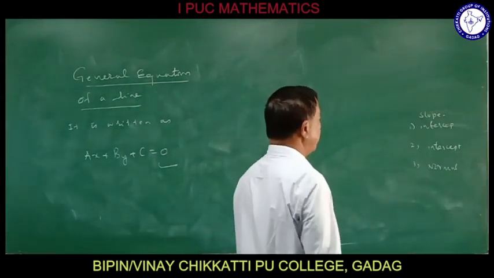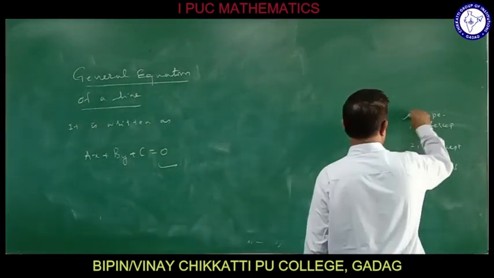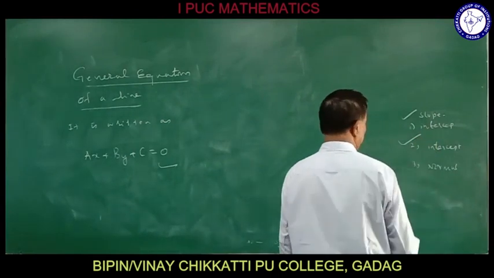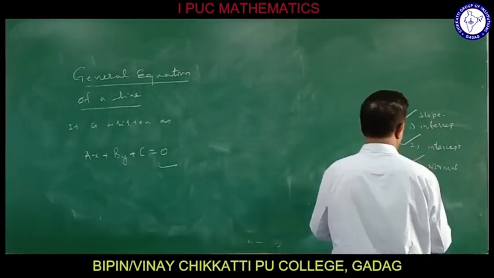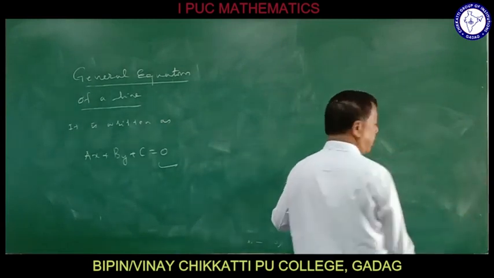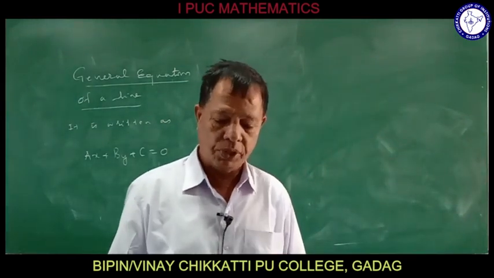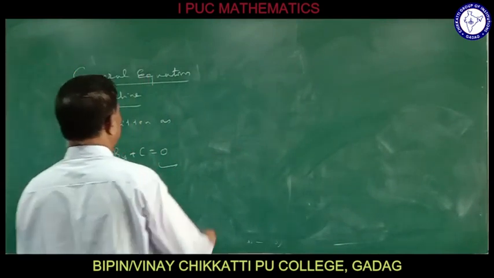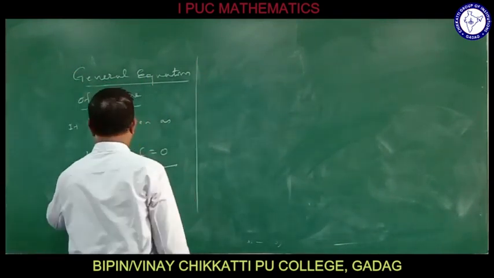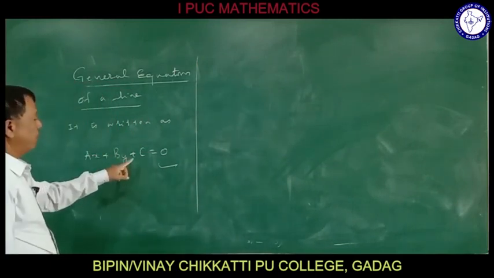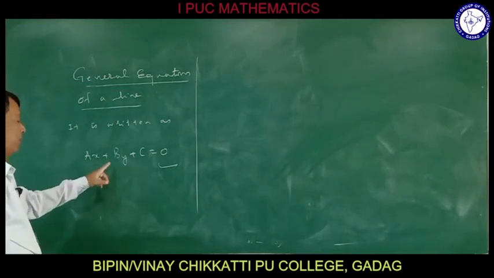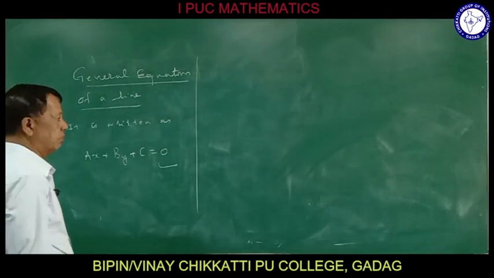Now I have to tell how to reduce the general form to the slope intercept form, how to reduce it to the intercept form, and how to reduce it to normal form. So all the three we are discussing one by one. First I want to select the slope intercept form. Once again, ax plus by plus c equal to 0 is called the general equation of the line, where A and B are not simultaneously 0.